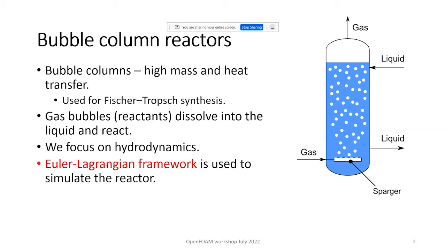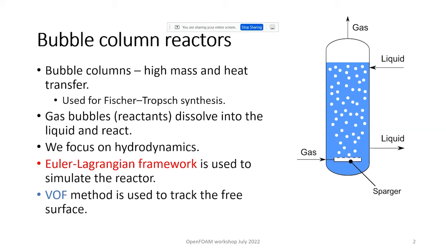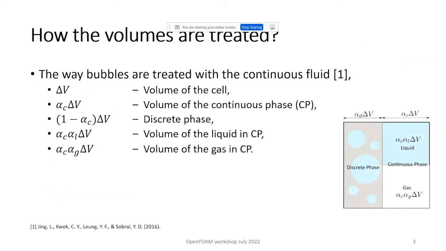For simulating the hydrodynamics, we use the Euler-Lagrangian framework because it's not too dense, so we should be able to use it. For tracking the free surface, we use the VOF method. Before we move to the equations, let's talk about how the volumes are treated, because we have two volumes here: one is the discrete phase, the other is the continuous phase.